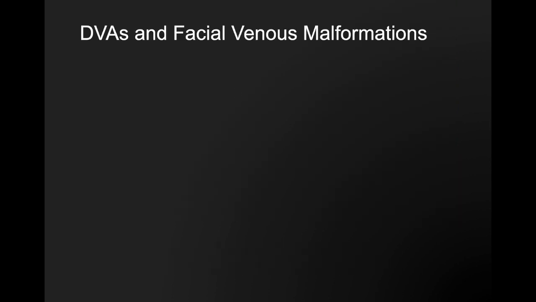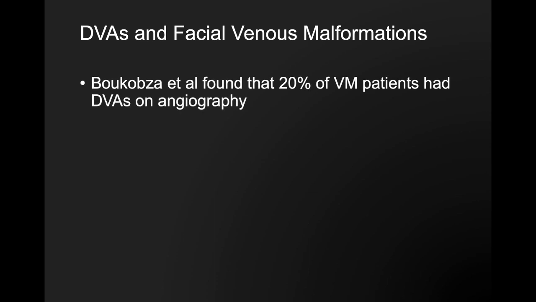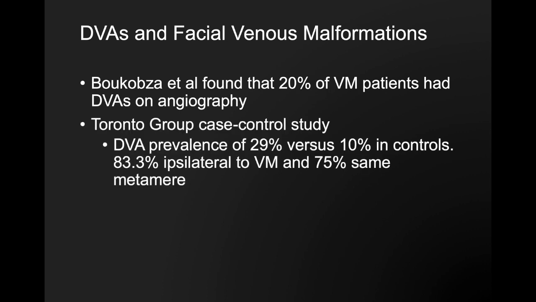Regarding the association between DVAs and facial venous malformations, one article in the 90s found that about 20% of venous malformation patients had a DVA on angiography. In a study from the Toronto group, we found that the prevalence of DVA was 30% among patients with venous malformations compared to just 10% in control patients.